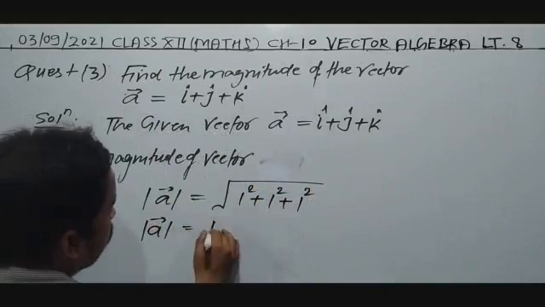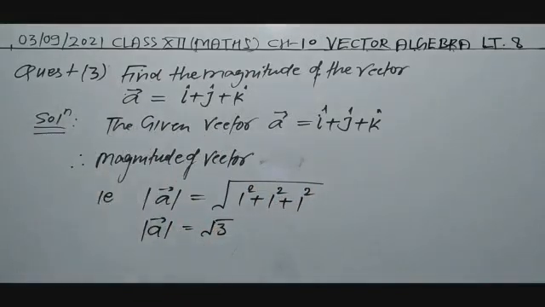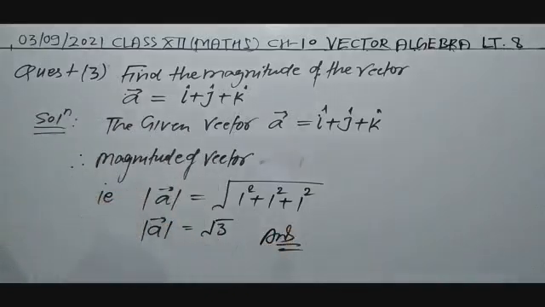So its magnitude will be root 3. This is the magnitude of the vector. This is the answer. Now come to the next question.